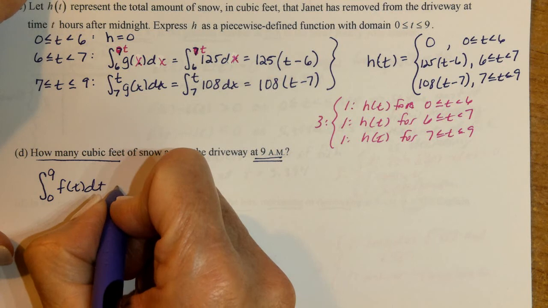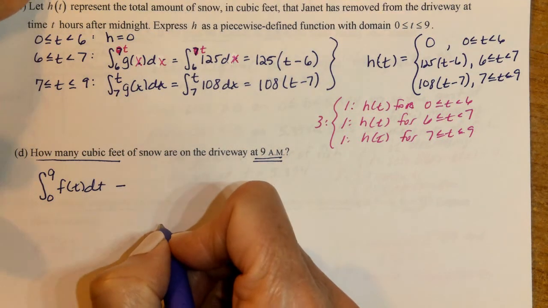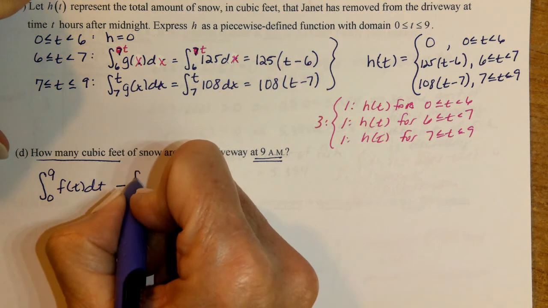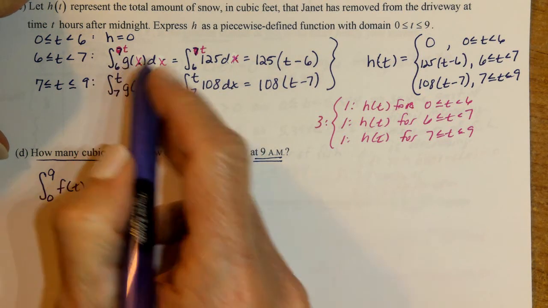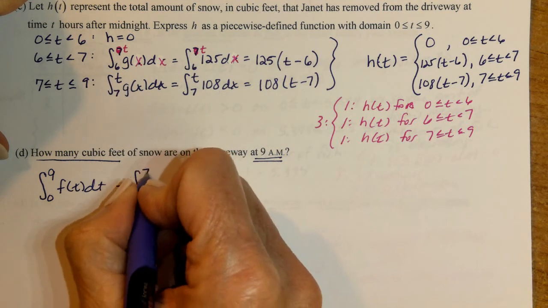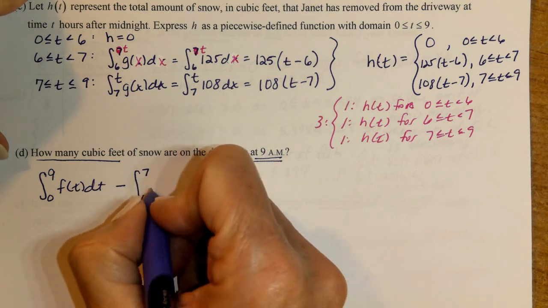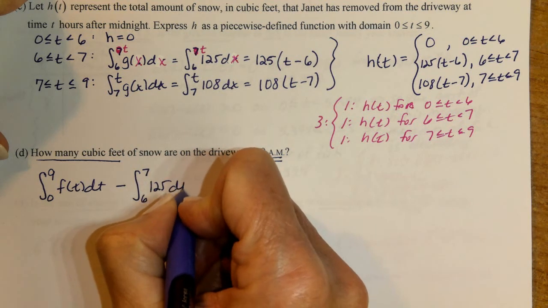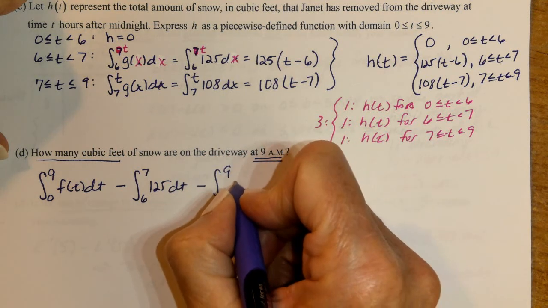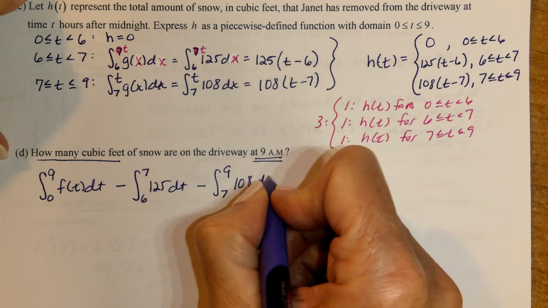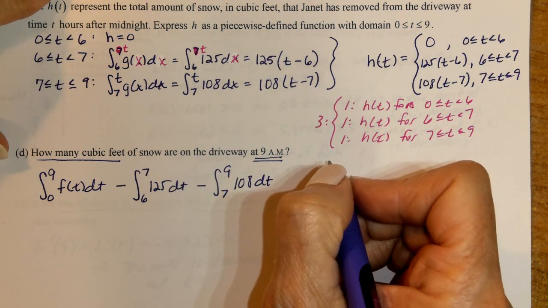Now we need to subtract out what Janet shoveled away. So we need to subtract out, here comes our total amount that I thought they were asking for in part C, 6 to 7 of that g, which is 125, and then 7 to 9 of that g, which is the 108. And this will give it to us.